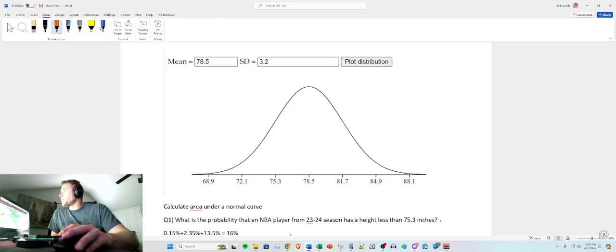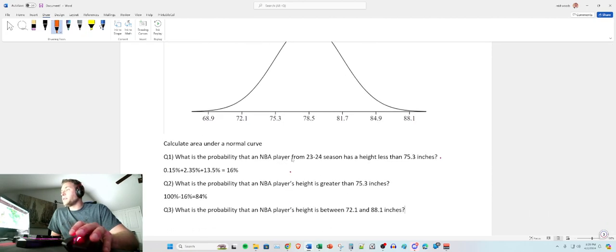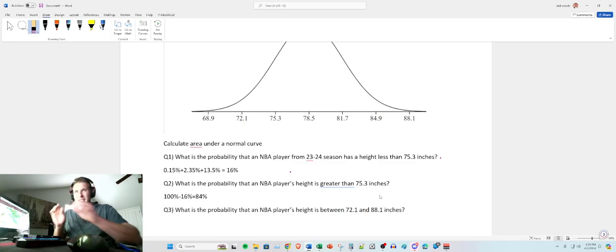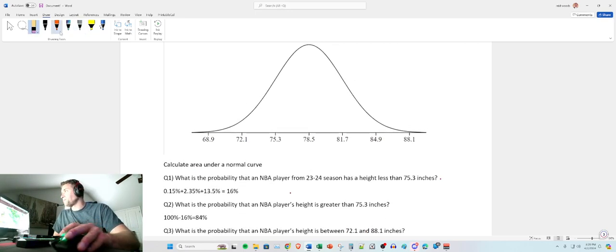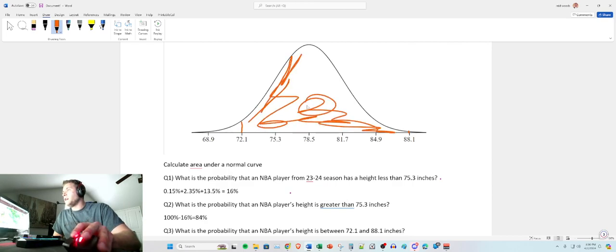Okay, so what we're looking at here is a boundary. We see that there's a lower boundary, which is this 72.1, and there's an upper boundary. And so it's not continuous, it's just between a particular region. So it's 72.1 and 88.1. And so that covers a lot of this. Now, it's not 95%.